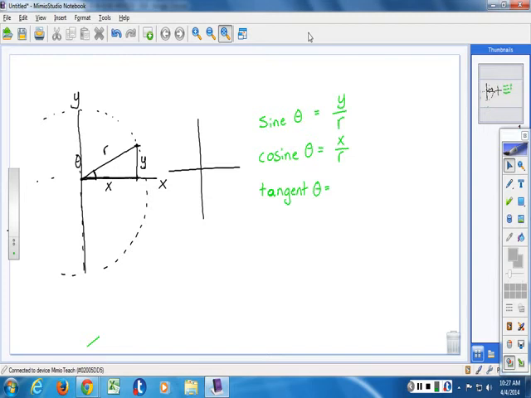Now the tangent, the TOA in SOHCAHTOA. Which one is the opposite side now? Y, and then the adjacent is x. Y over x.